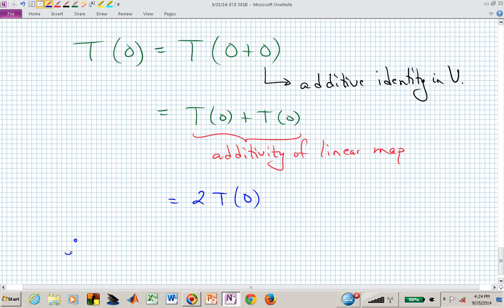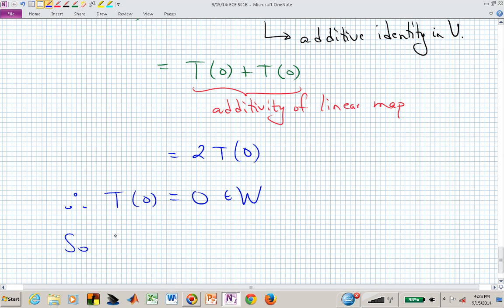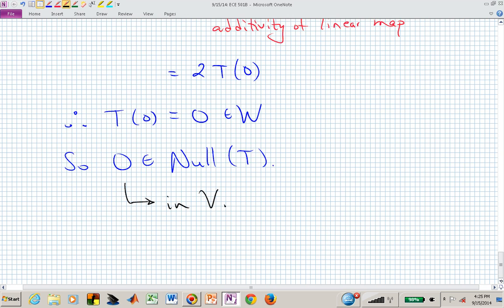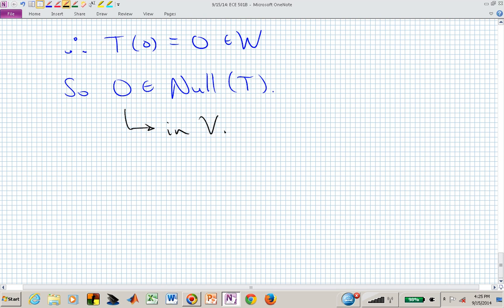So now we know then that T of 0 must be 0, which is the 0 vector in our codomain W, which says then 0 is an element of the null space of T, where this 0, we have a lot of zeros floating around, where does it live? In V, as we said before. All right, we have the additive identity, or it's in the null space.